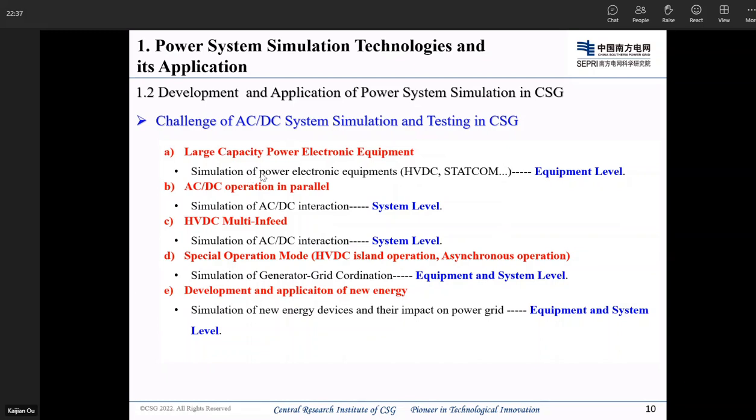For simulation of this equipment like HVDC and STATCOM, because HVDC and STATCOM are very complicated, we need many useful simulation tools to simulate them. And also for AC and DC operating in parallel, we want to simulate the AC and DC interaction of the AC and DC power system. This is a system-level need.